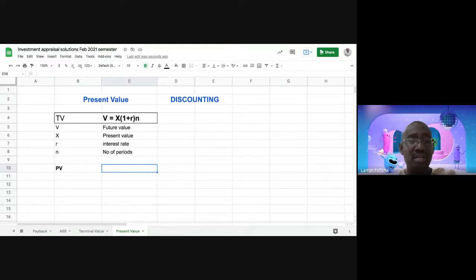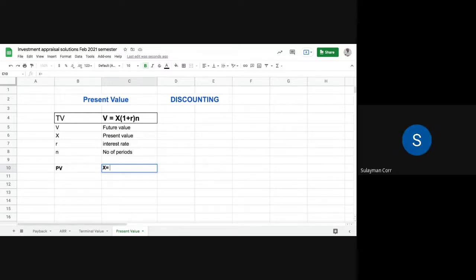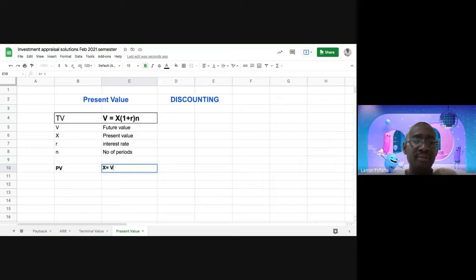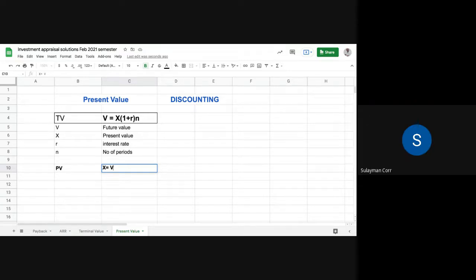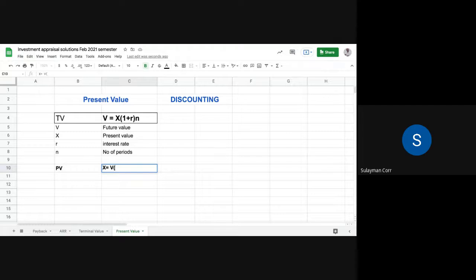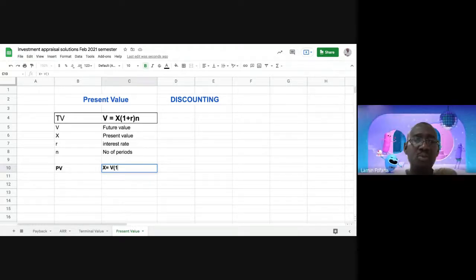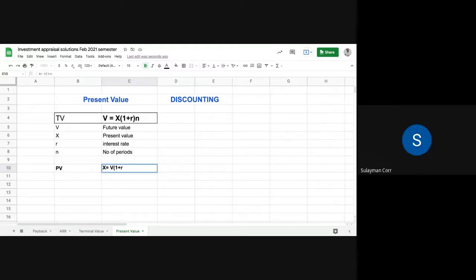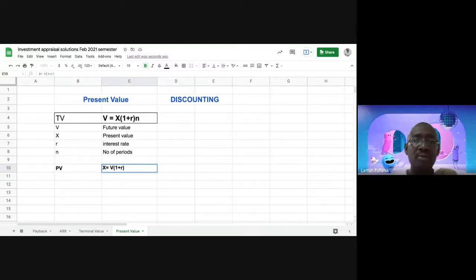So you mean x equals V, the value, V bracket open, bracket open 1 plus the rate, 1 plus r bracket close, bracket close to the power n.